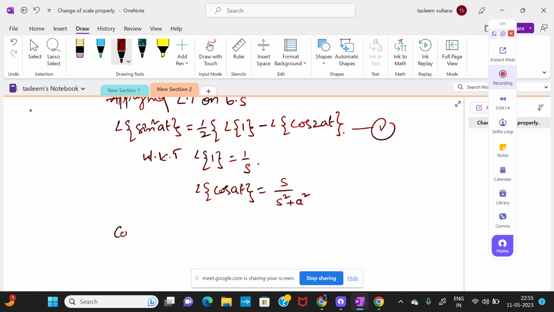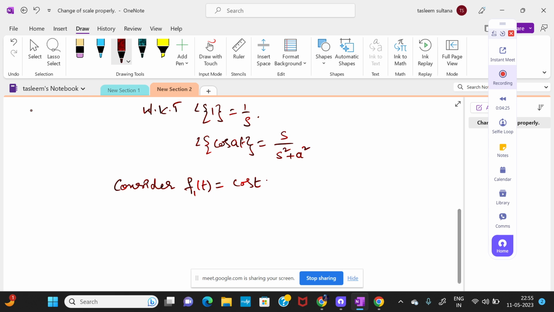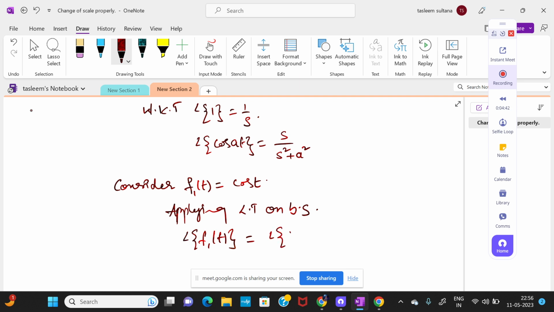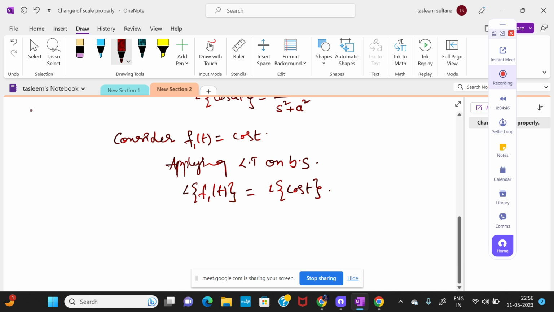Now consider your f1 of t value is equal to cos t. Apply Laplace transform on both the sides. So L of f1 of t is equal to L of cos t. Now use that formula.